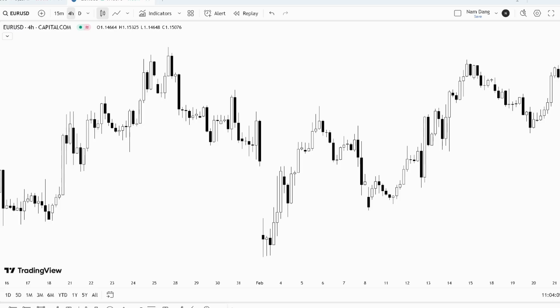Let's take a look at a real chart example to see how order blocks work. This is a Euro to US dollar H4 chart. Here we have a potential candidate for an order block. As you can see, it's the last bullish candle before a significant drop, which meets the first requirement.